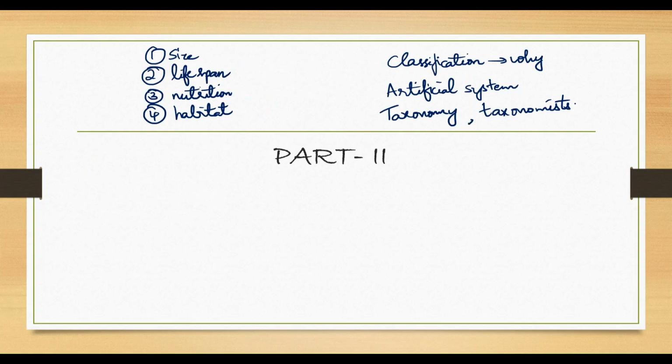If you remember, the artificial system of classification is based on habit, that means the general behavior of the organisms. Based on the general behavior of organisms, seeing the similarities, they are grouped as one. If all the plants are very tall, then they are grouped as trees. If they are medium sized and growing as bushes, then they are kept under shrubs.